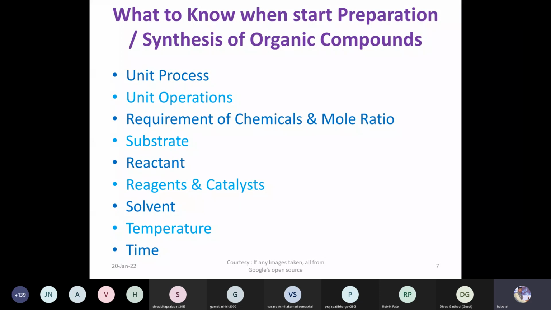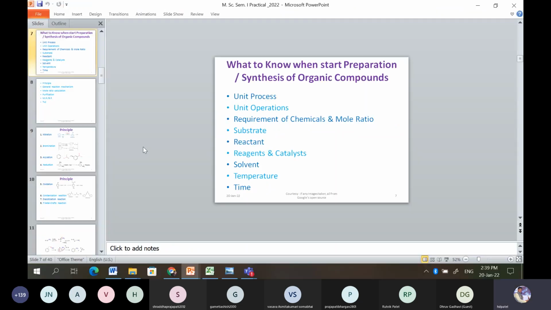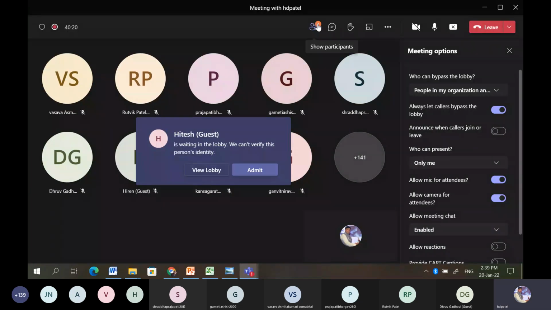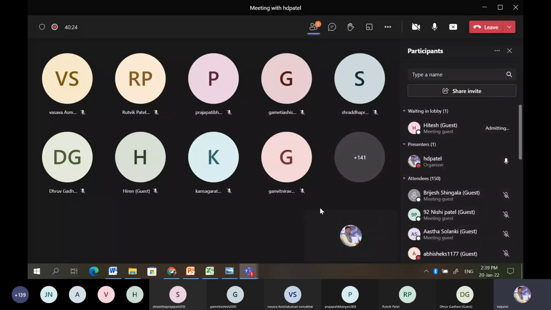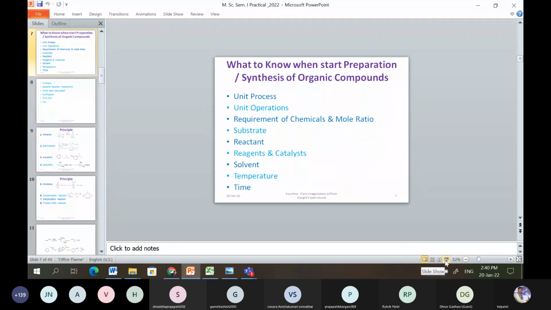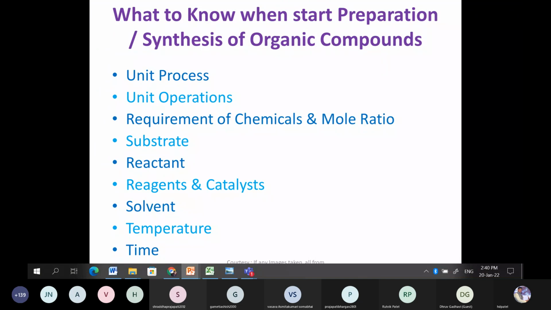Reaction will take place means which kind of reaction we are going to perform. That is called substrate.